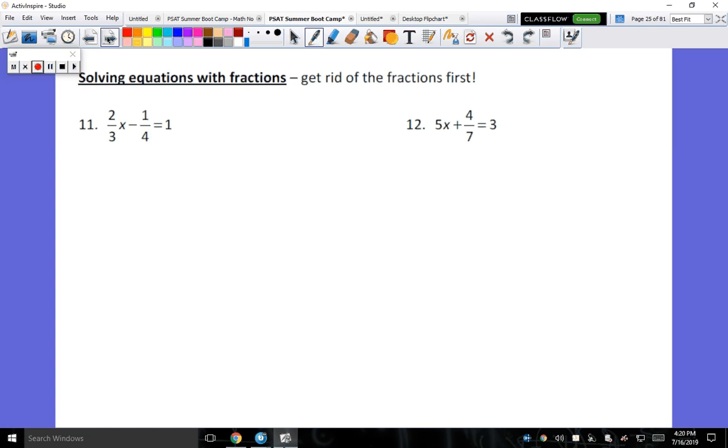All right, how many terms do you see in number 11? 3 terms. Okay? 1, 2, 3. Because if you move the 1 over, it'd be minus 1, and the minus is separating all the terms. Pretty much. Okay, do you see what I'm saying? So over here you got 3 terms as well.